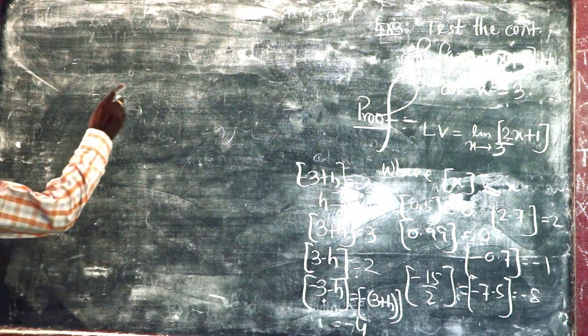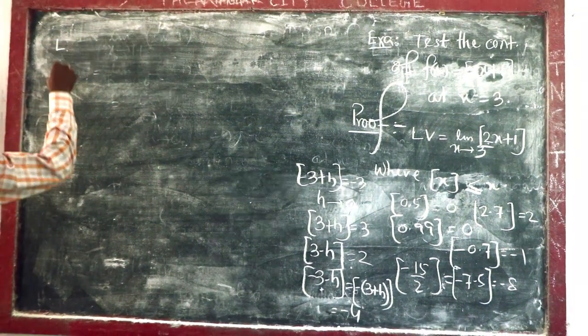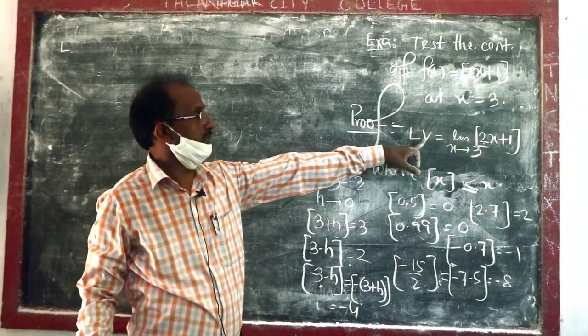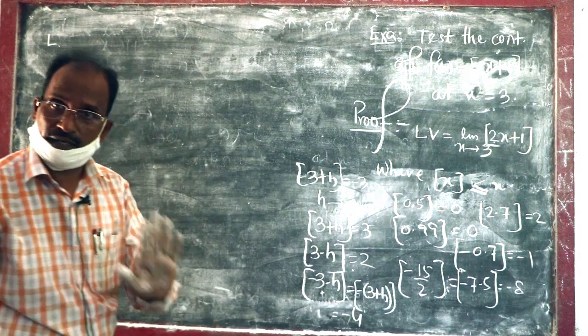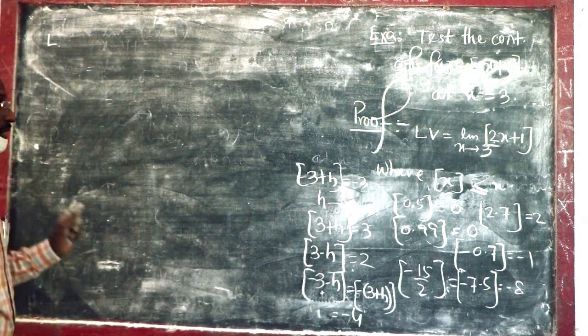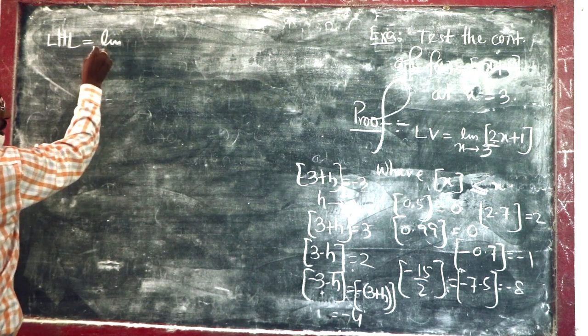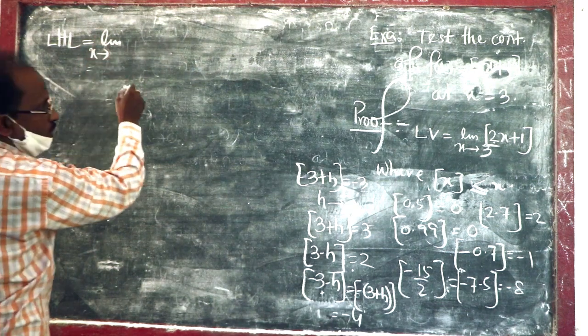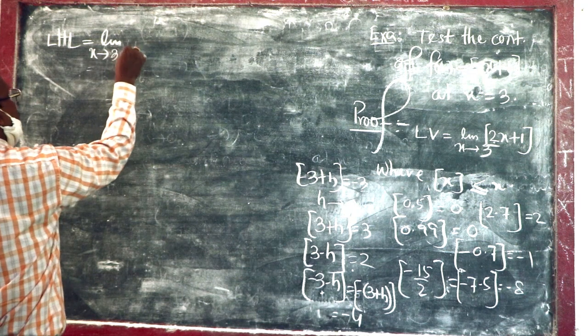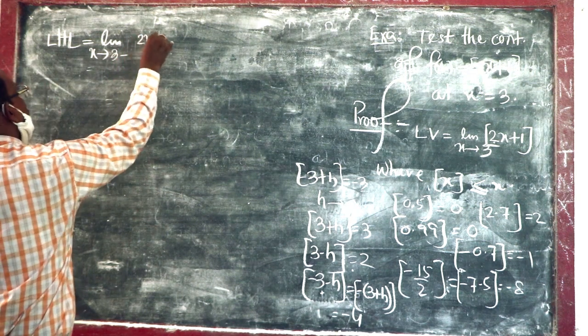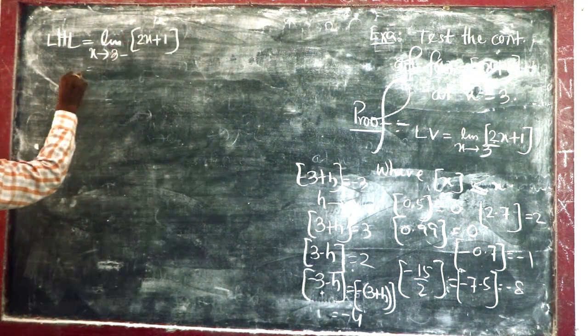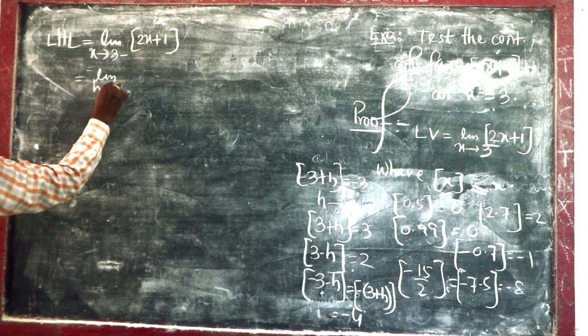So we shall prove this. In order to find the limiting value we have to find the LHL and RHL. Limit x tends to 3 minus and function is equal to 2x plus 1, changing the limit as h tends to 0.